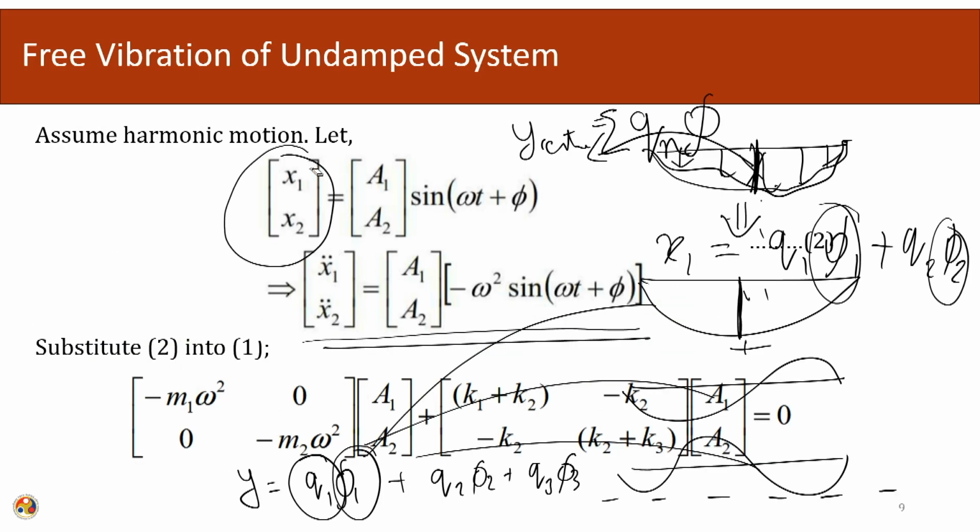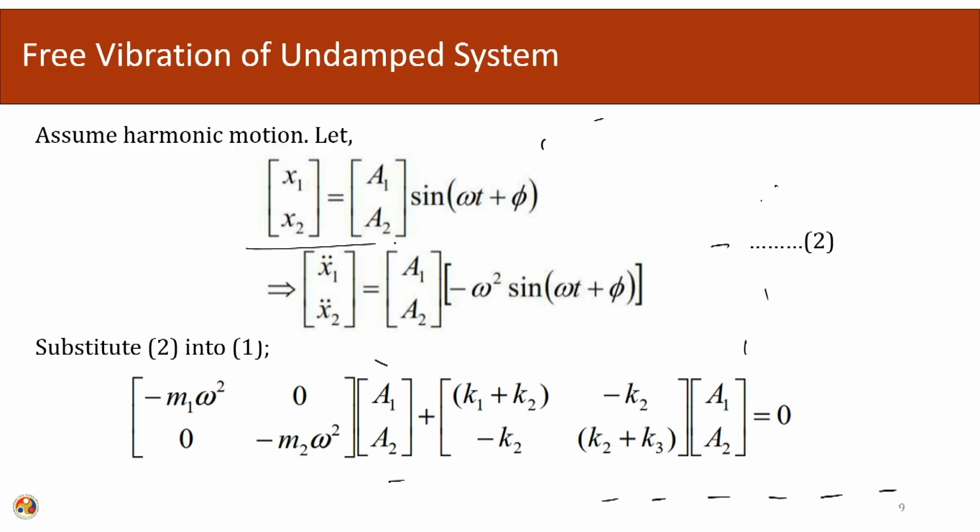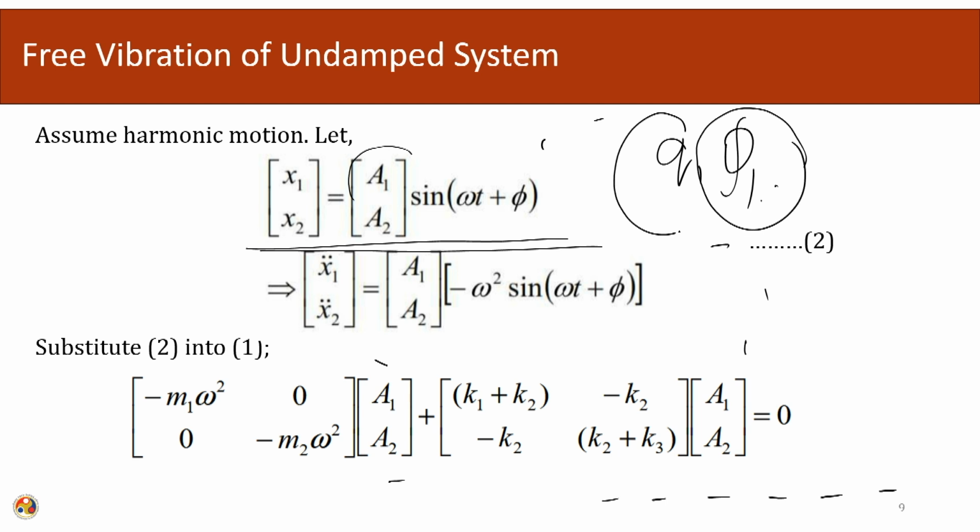Then we assumed the solution. Since this was a case of a free vibration system, the solution has to be harmonic, as we have seen earlier for the single degree of freedom system also. So, we assumed a harmonic solution with Q1 and Phi1, corresponding to the contribution from the individual modes, multiplied by an amplitude factor.